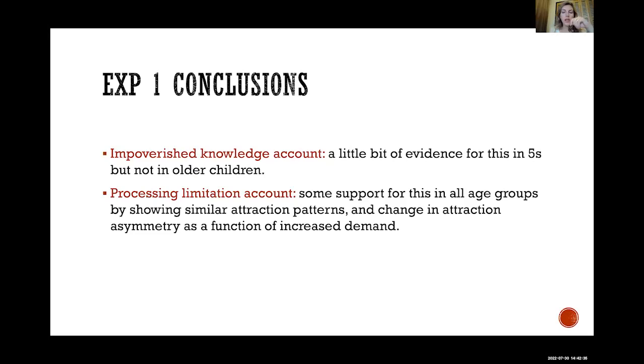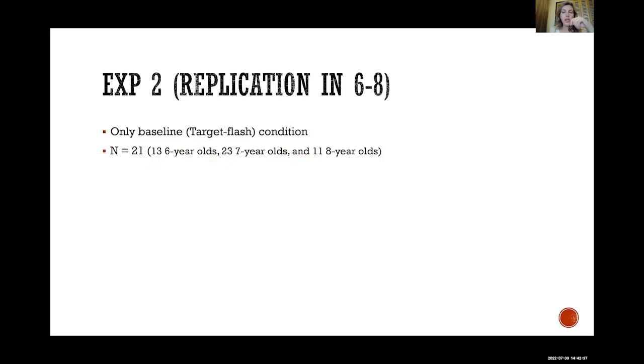In experiment 2, we wanted to replicate the basic findings of experiment 1, and also specifically test for the robustness of attraction asymmetry in the baseline condition. Remember, at the group level, this was not significant in experiment 1 in children, but it was in adults. So we took out the 5-year-olds, who did seem to have the impoverished knowledge problem.